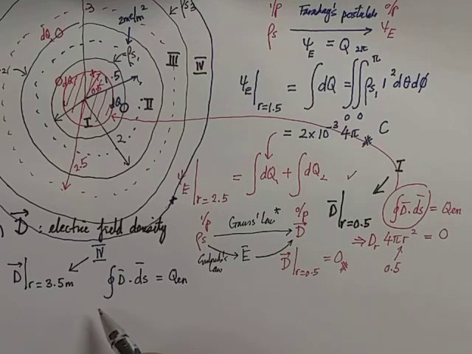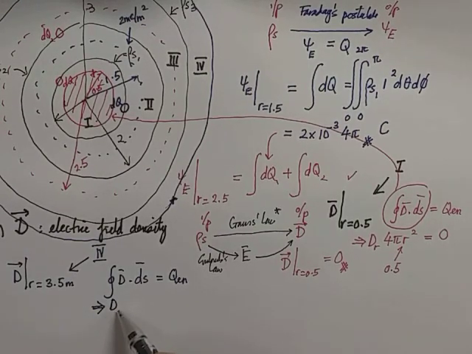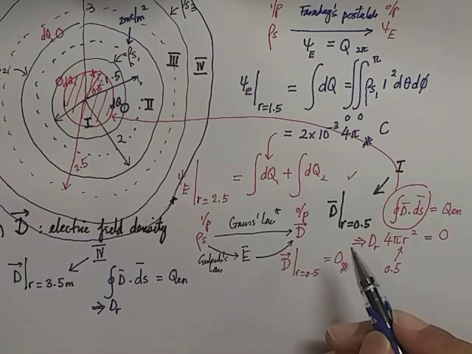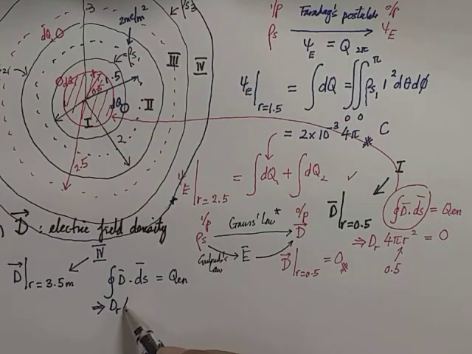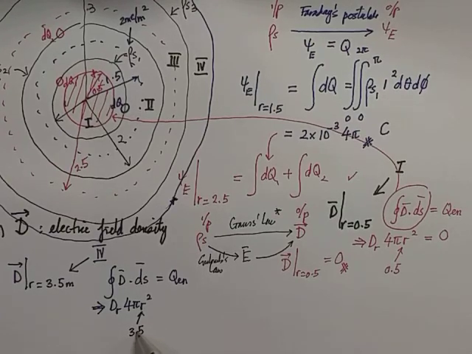Okay, and then from the left hand side, we're going to use the typical solution that we always observe regarding this structure. D r 4 pi r squared, and now we're going to replace r squared here with 3.5 because the question specifically asks at that particular radius. And then the Q enclosed.